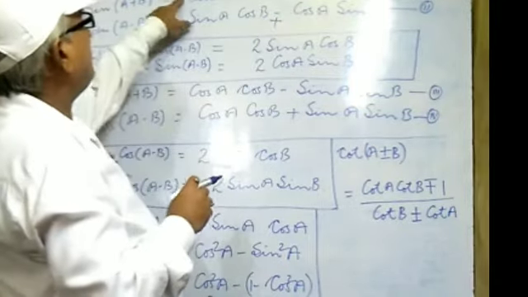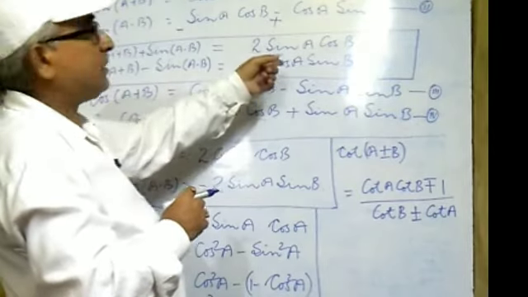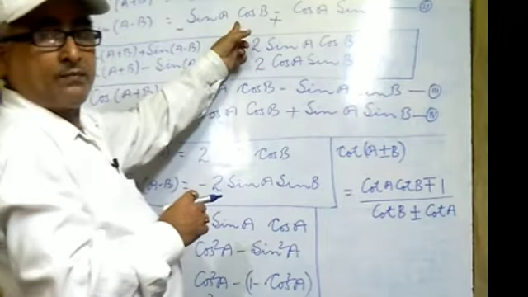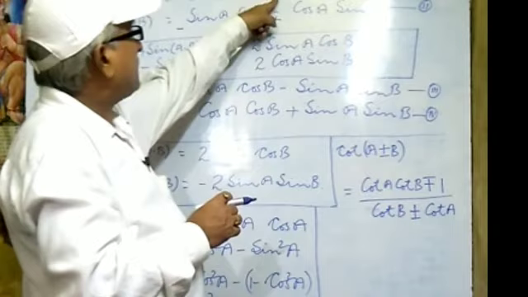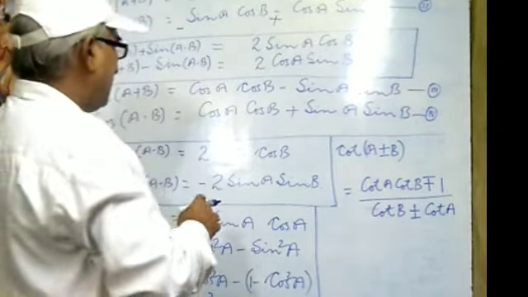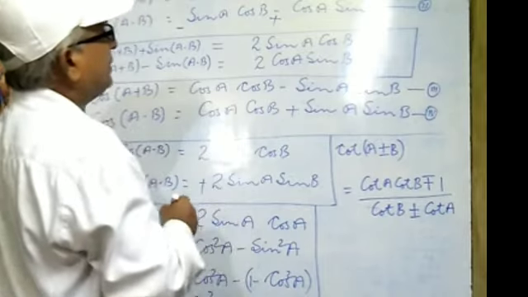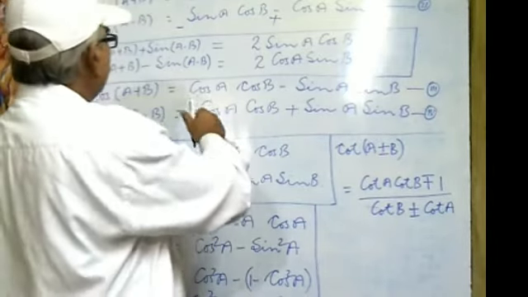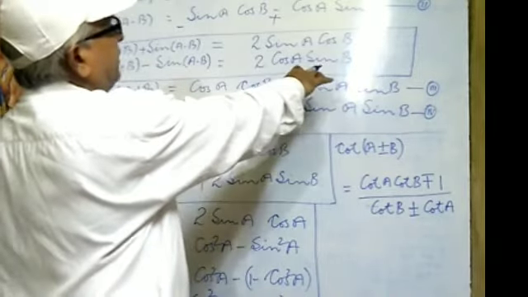Same thing minus and same thing plus here, both will be cancelled. In case of subtraction, both will be cancelled. And what is remaining here? It will be plus 2 cos A sin B.